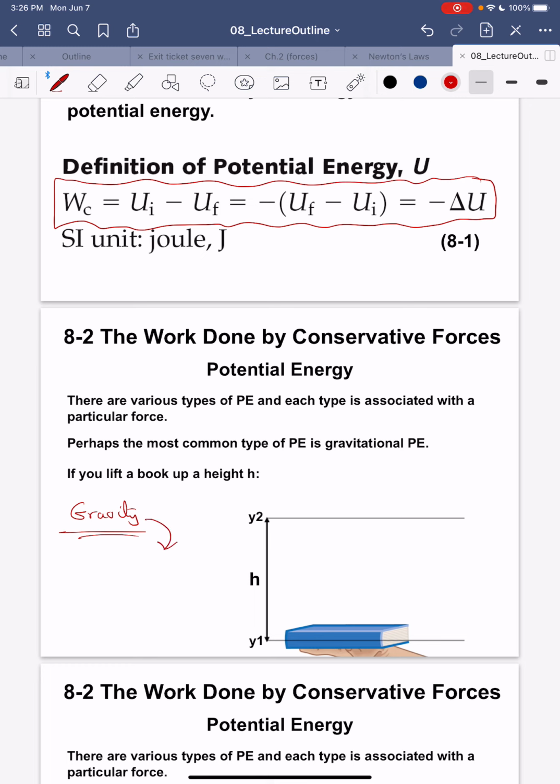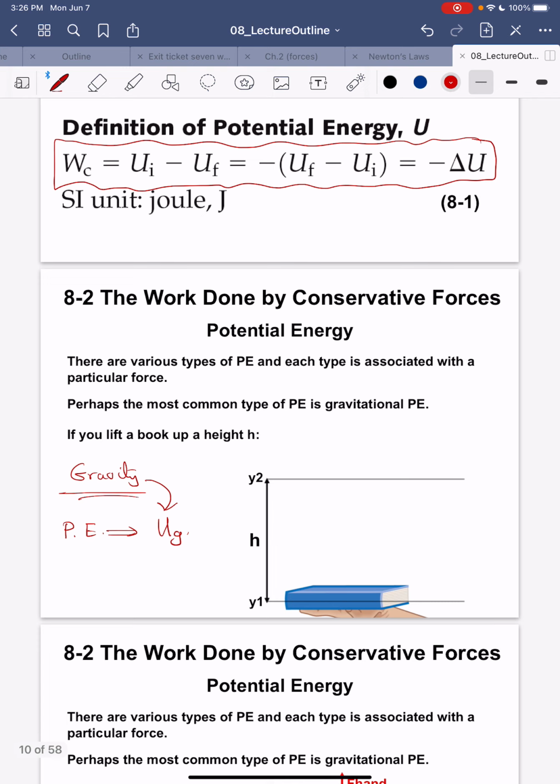Gravity has a potential energy function that we are going to call UG. UG depends on m, on g, the acceleration due to gravity, and on how high you bring your object, so it is y2 minus y1.